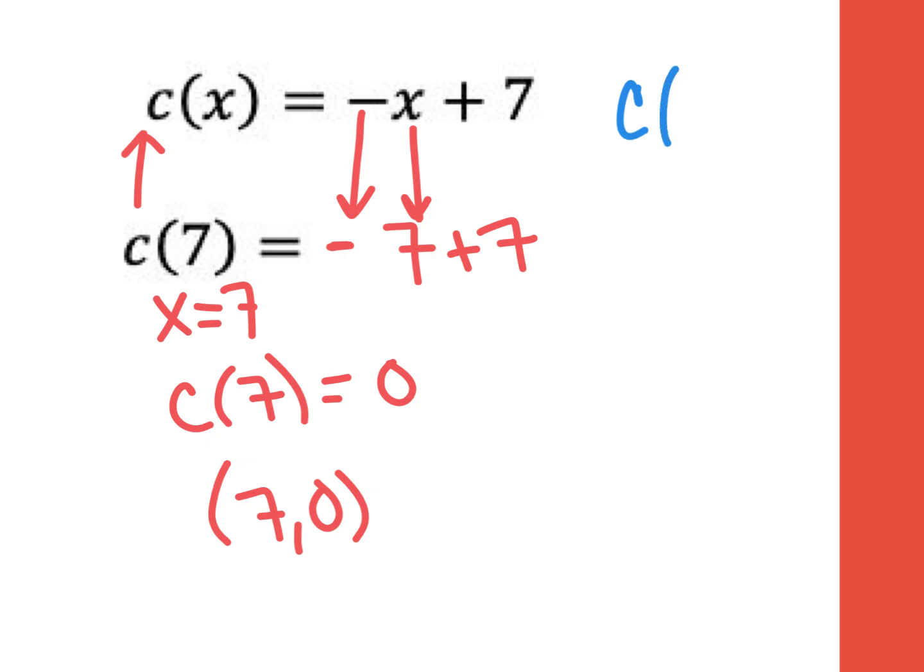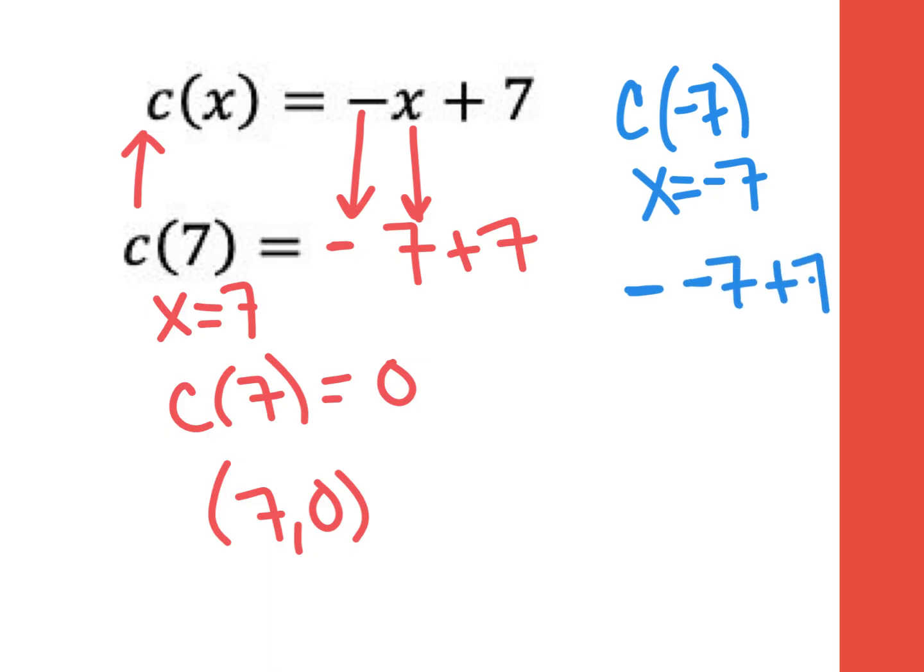What if I told you C of negative 7? Does that change what we write? What is x now? Okay, so I want you to be really careful. I'm going to bring that negative down. And then what am I putting in place of x now? What's my x? Negative 7. So this is a negative 7.